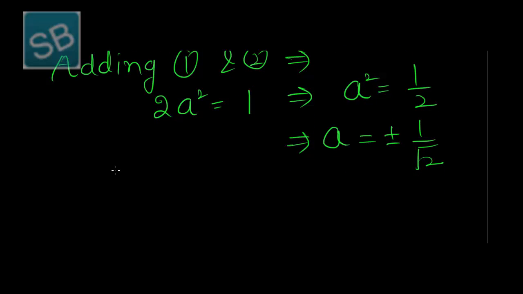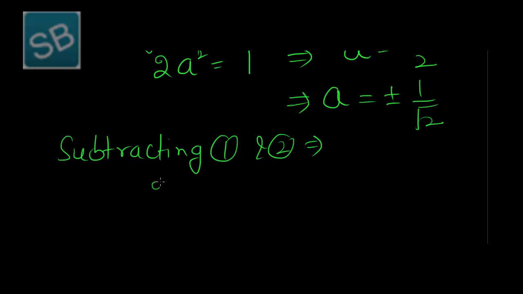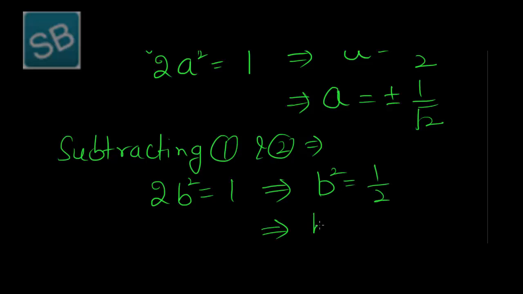Similarly, subtracting 1 and 2, we get 2b square is equal to 1. That gives b square is equal to 1 over 2. That again gives b is equal to plus minus 1 over root 2.